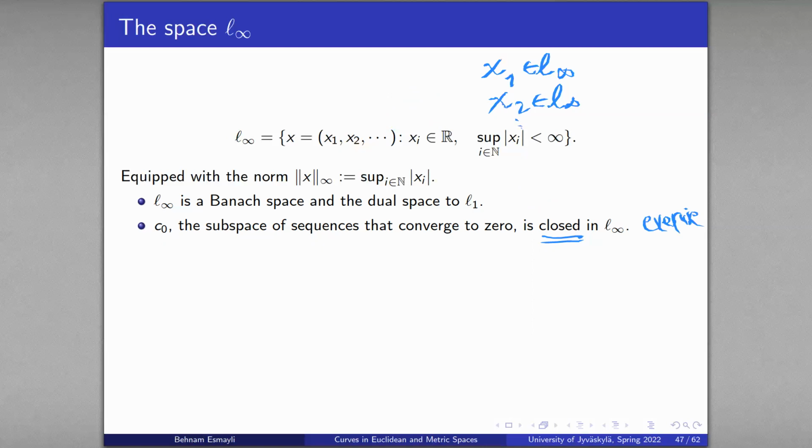So you have to show that if these are vectors in C0, such that xn converges in this norm to some x, then this x also belongs to C0. That means you have to show that this x is also such that its tail converges to 0. So that is the exercise.